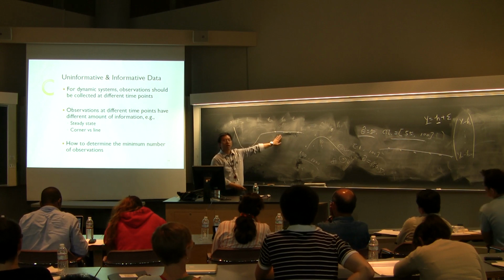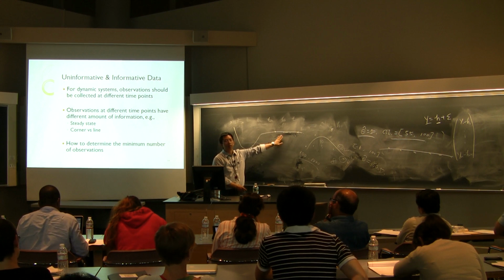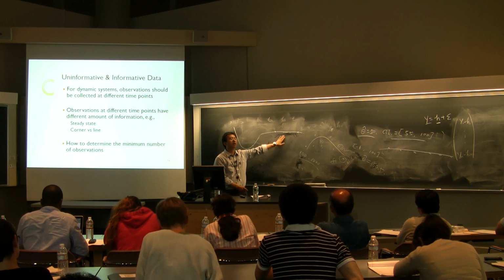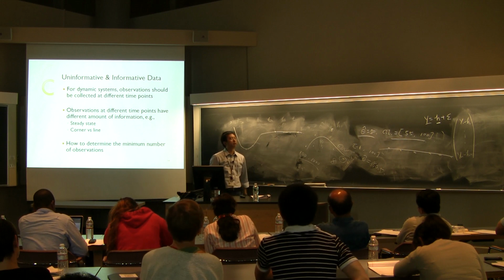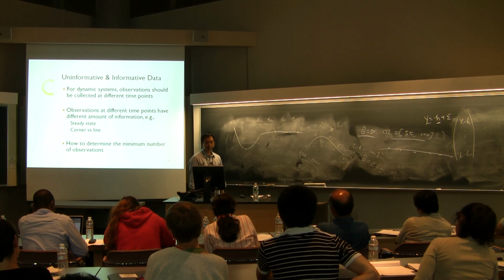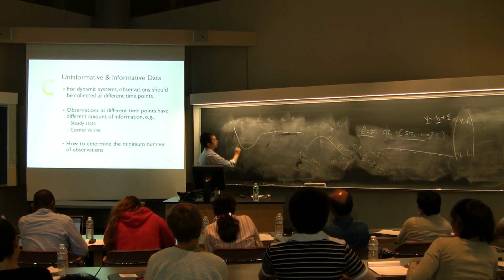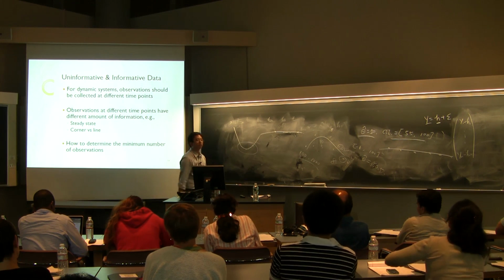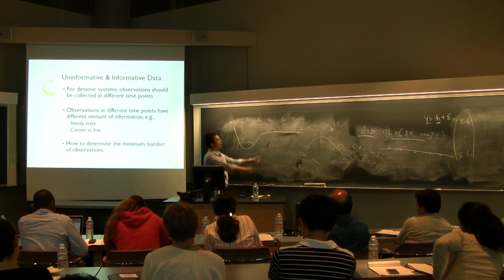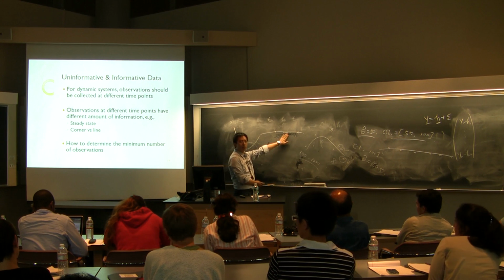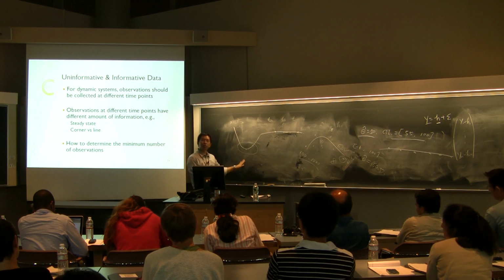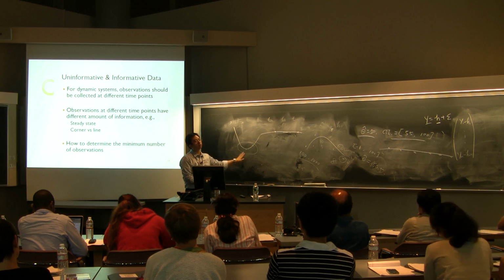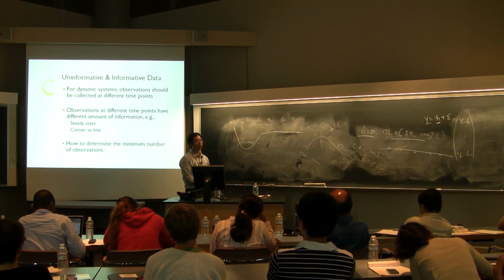So that tells us that in different regions the data has a different amount of information. So usually what we care about is this kind of thing, right? Because we can put fewer data points here and more data points here, if we know how the dynamic system behaves.